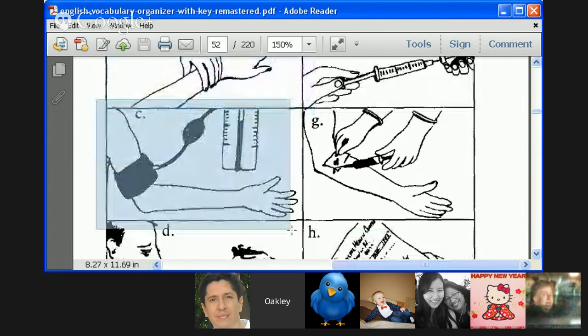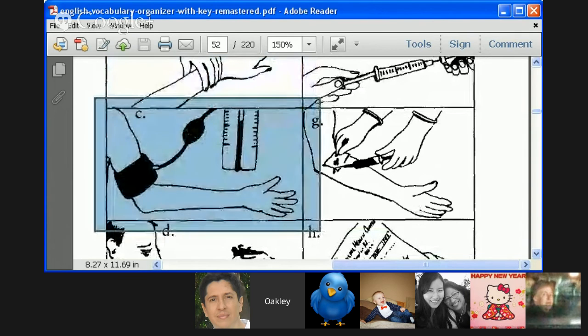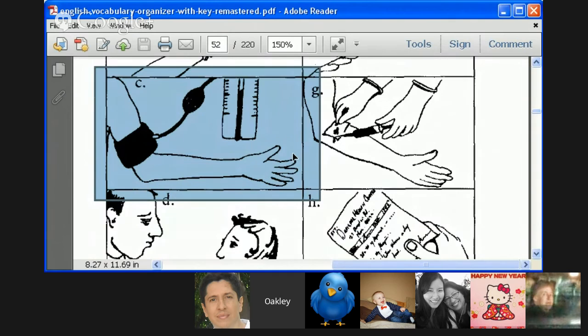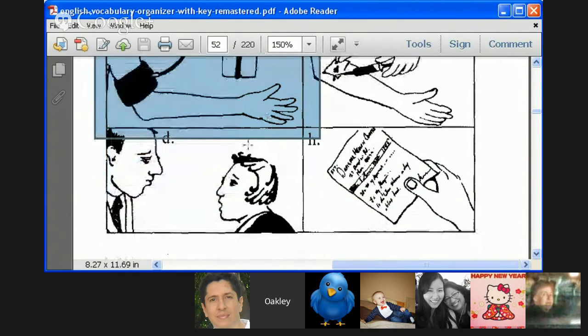Very good. How about letter C, Ken? Taking blood pressure. Sorry, tire pressure. He's checking his tire pressure. Okay, very good.